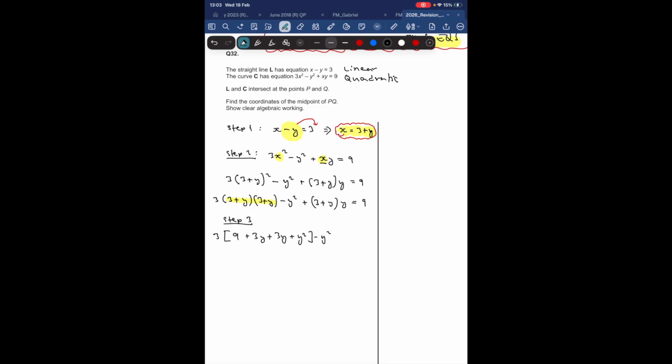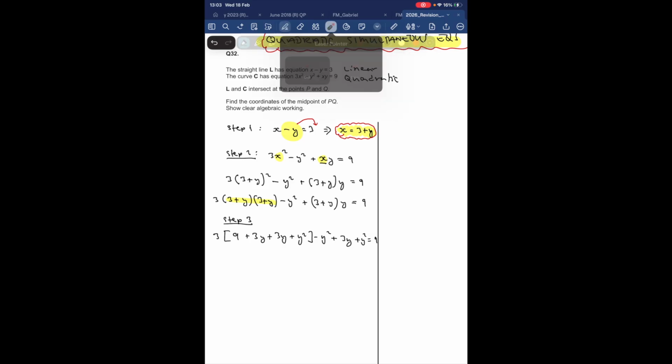minus y squared. And then if I multiply out this bracket here, y times 3 will be 3y, and then y times y will be y squared again. So I'll have 3y plus y squared equals 9.